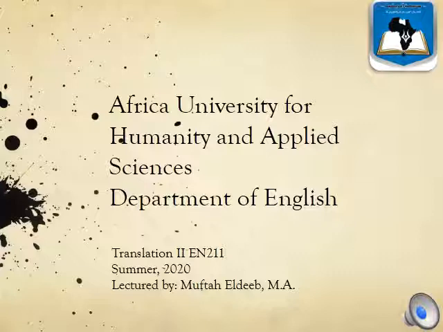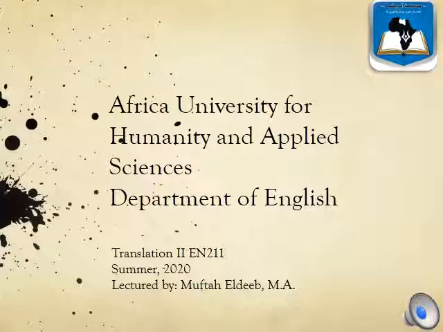This is Africa University for Humanity and Applied Sciences, Department of English, Translation. The name of the course is Translation 2. This is a complementary course to Translation 1. The code number of the course is EN 211, and I think Translation 1, which you had as a prerequisite, is EN 210, right?